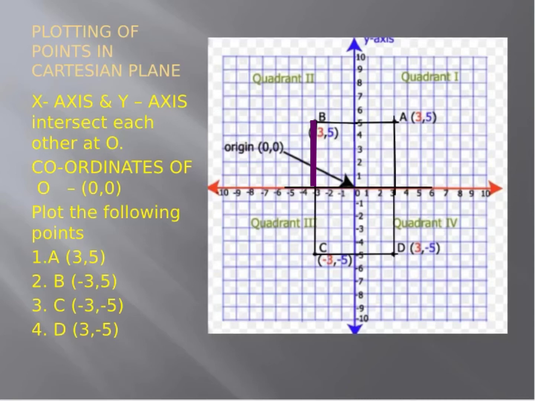Because the y coordinate of point B is 5, which is positive, and positive values on the y-axis lie on OY of the axis, which is in the upward direction. Now to locate 5, you have to draw a straight line from 5 in the left hand direction, and you can see that they both are meeting each other at a point, and that point is B, minus 3, 5.